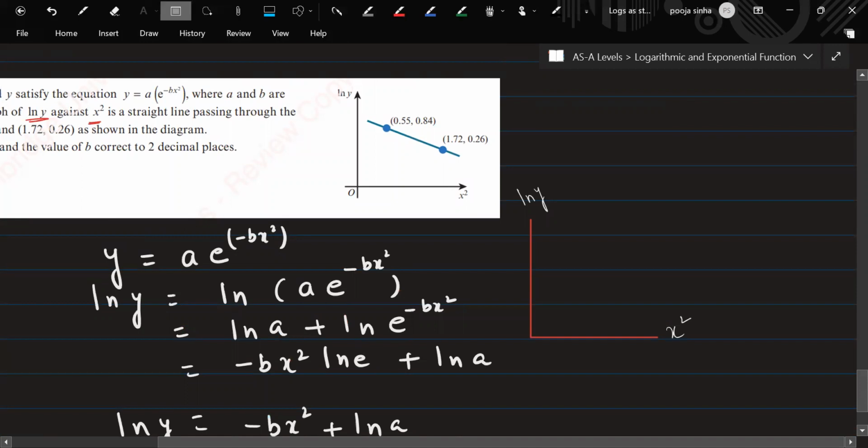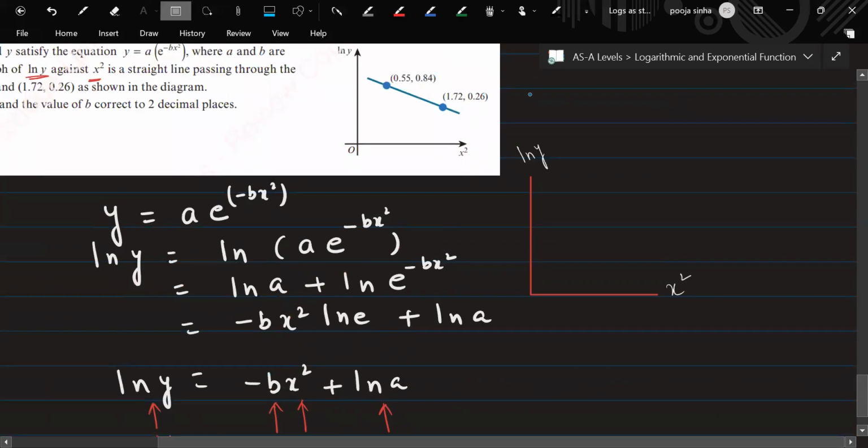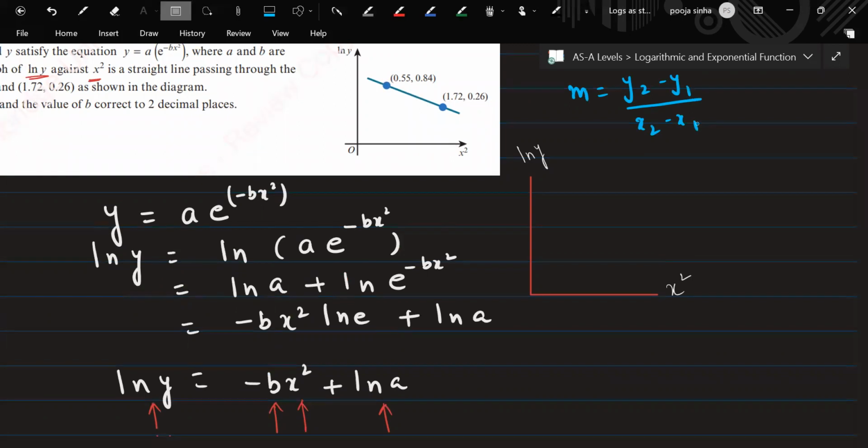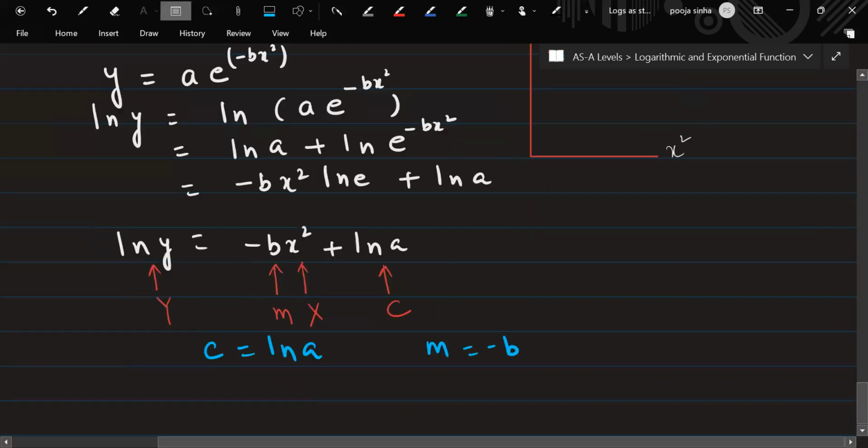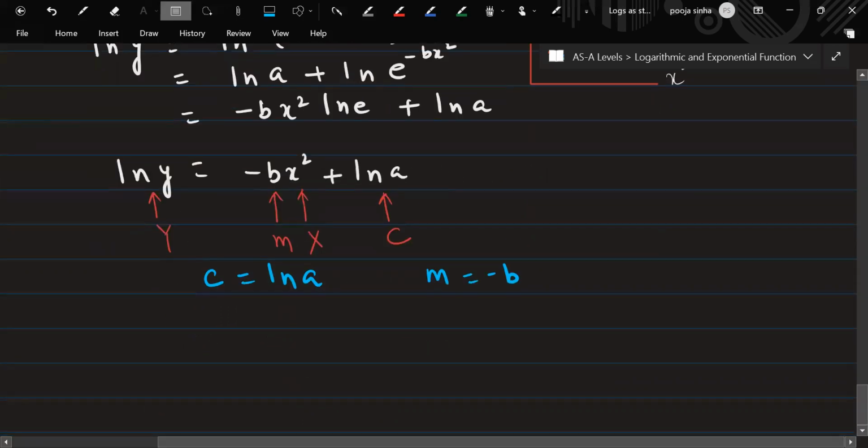Are we able to find m from the points which are given to us? We know how to find the value of m. m is equal to y2 minus y1 upon x2 minus x1. And I have all these points, x1, y1, x2, y2. Right? Can I find the value of b, of the gradient, which is minus b?